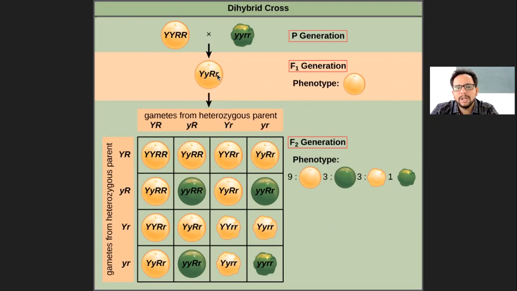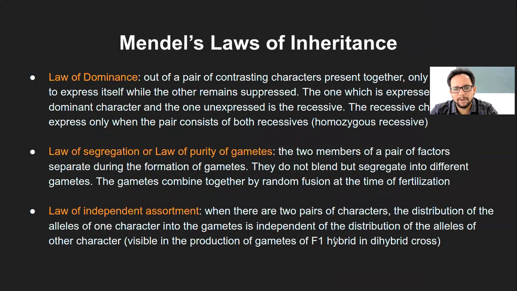This will be totally independent of capital Y and small y. So for one particular trait during gamete formation, the alleles separate, and that is totally independent of the other character. So that is what the law of independent assortment speaks about.